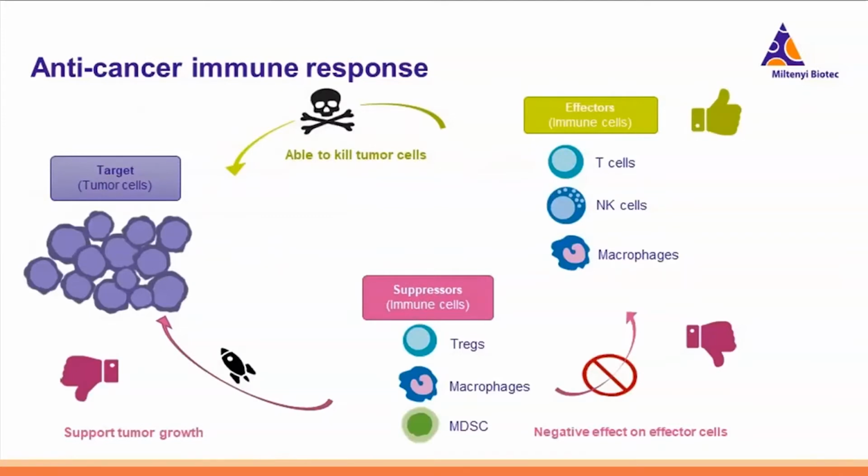Since these assays are commonly performed in the field of immuno-oncology, I'd like you to have a look at this illustration where you observe the crosstalk between different immune cells and the tumor cells. You see here that there are several players. Some are known as effector cells, such as T cells, NK cells, and macrophages that are able to kill tumor cells. On the other hand, we have immune cells such as Tregs and myeloid-derived suppressor cells, MDSCs.